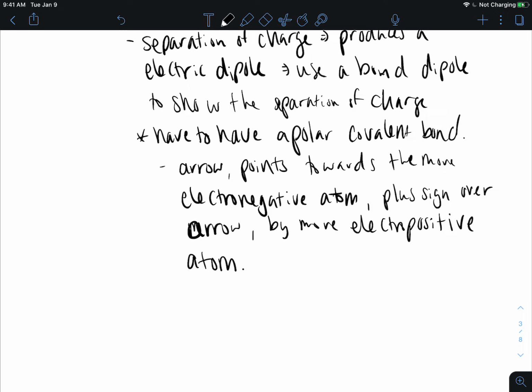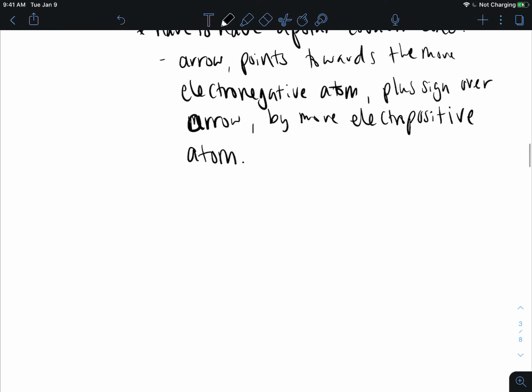Okay, so let's try and look at this. So if we have something like an oxygen-hydrogen bond, here we have a bond dipole because we have an electronegativity difference of 3.5 minus 2.1, which is equal to 1.4. So it's above that 0.4 threshold.